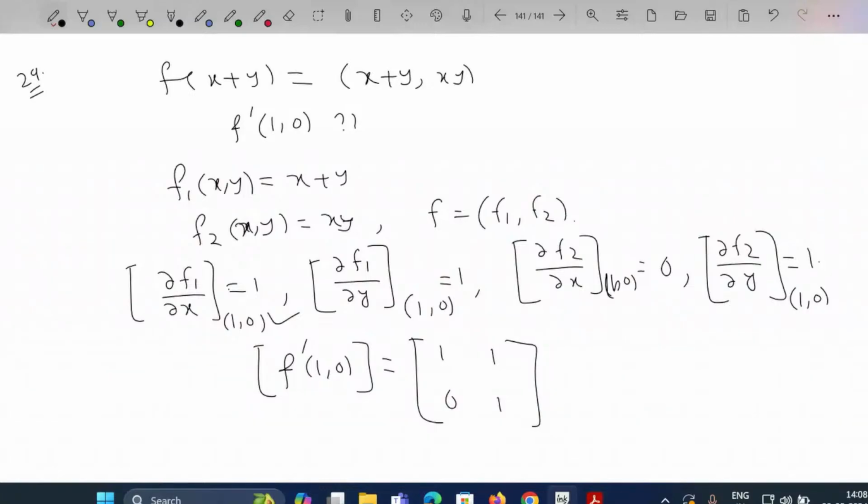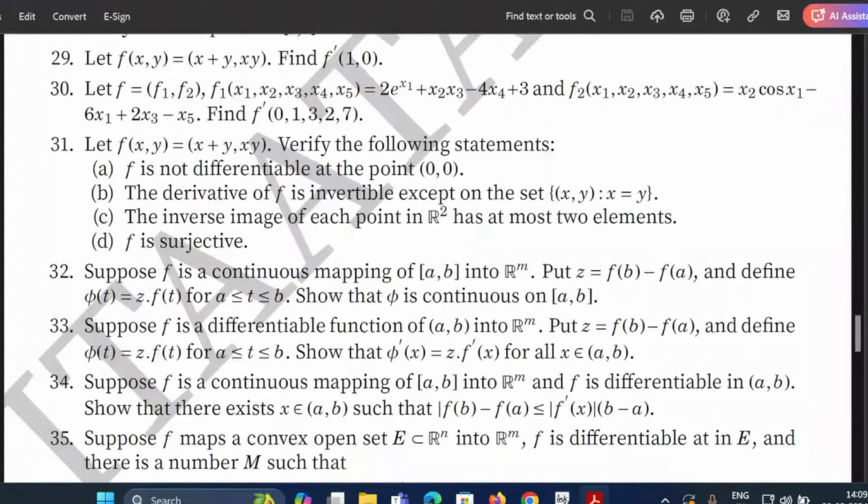Okay. Similar to this, question number 30. Find the derivative at the point (0, 1, 3, 2, 7). Can you do it? Just a simple practice. F is given as (f1, f2), and the components are given by the formula. Find the derivative at that point.